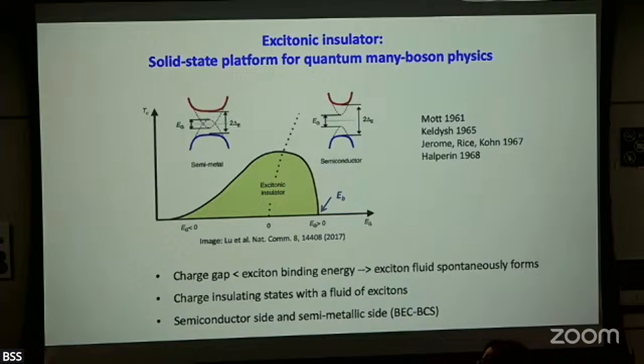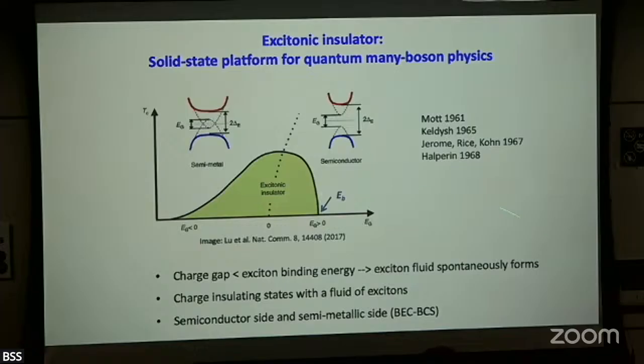One is the negative energy you save from binding electron and hole, and the other is the repulsion between the bosons. So by tuning this knob, you can change the density of your bosons. In other words, you can control the chemical potential by turning this knob. And the threshold is when the charge gap becomes smaller than the exciton binding energy.